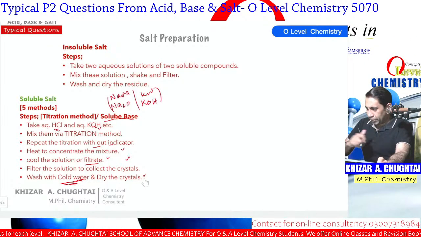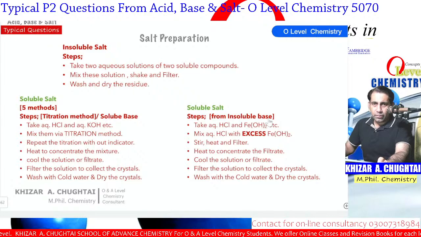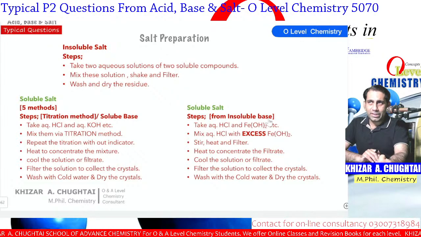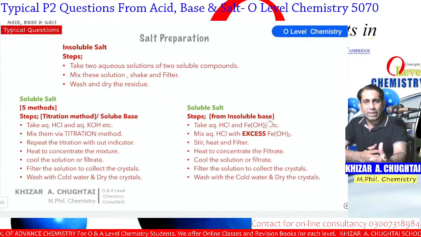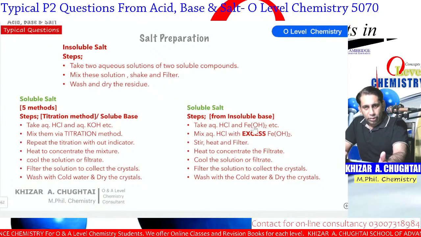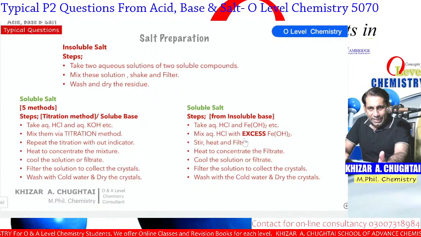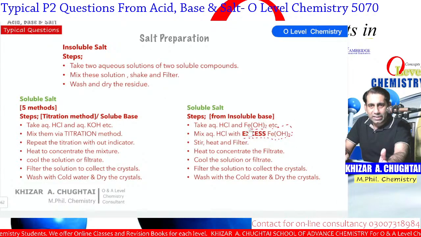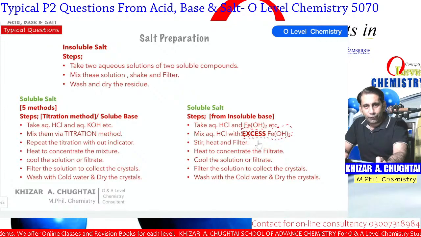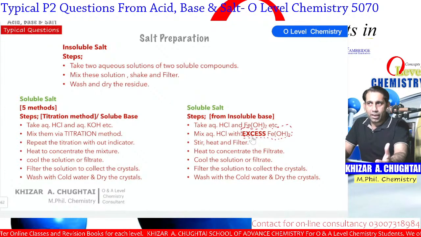The next one is, if you are using an insoluble base, the examiner is asking, there is compulsion to use an insoluble base like iron hydroxide, then you will use this base in excess. That is the main point to report, to write in your answer.